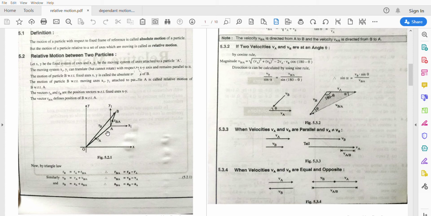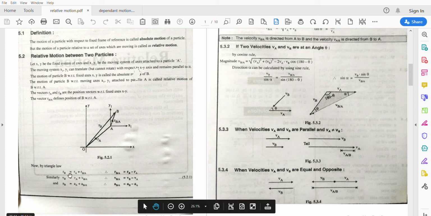So in simple words, if particle A and particle B are both moving, then in vector form r_B/A, that is r_B minus r_A, is the relative position of B with respect to A. Similarly, if you differentiate with respect to time, you get velocity.